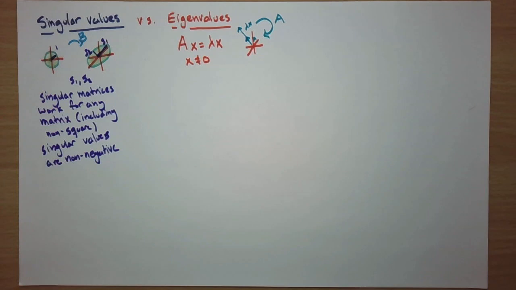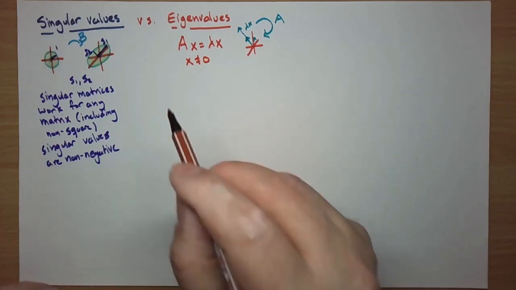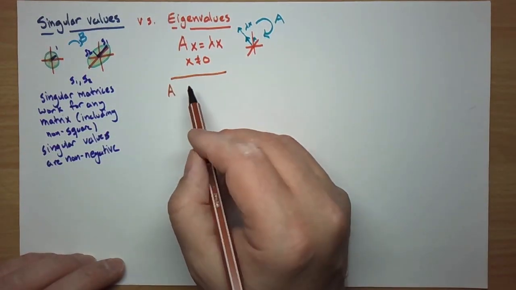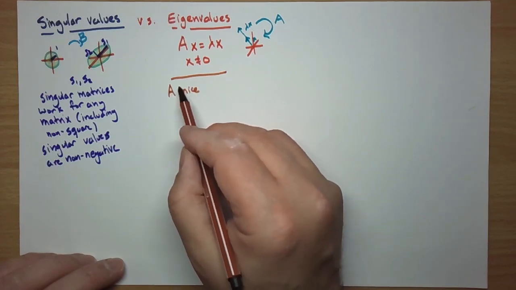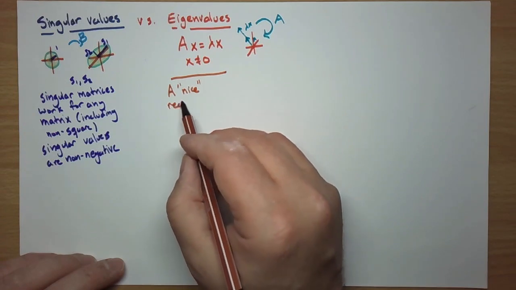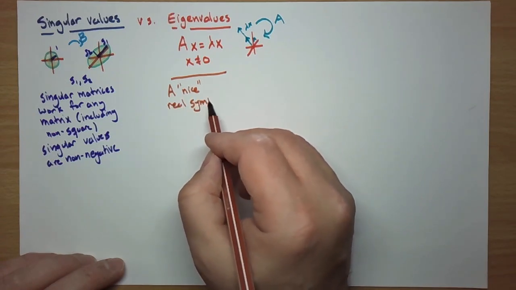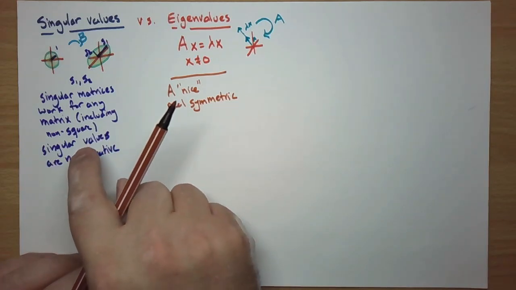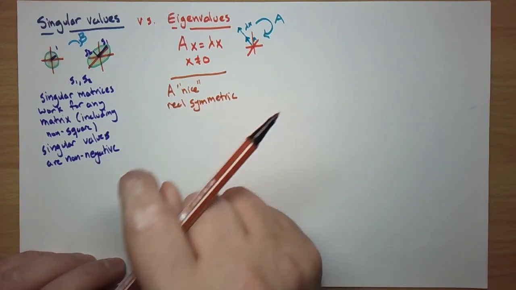Now, is there a relationship between singular values and eigenvalues? Suppose I take A, and let's make A nice, something we've been using for our class: real symmetric. What can we say is the relationship between singular values and eigenvalues?